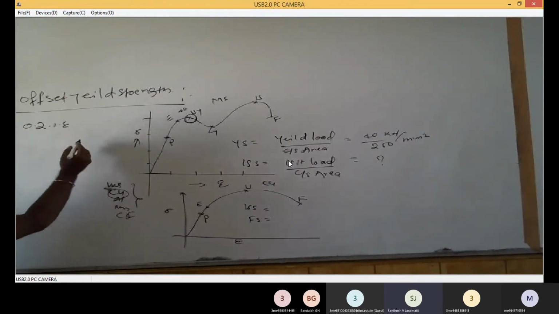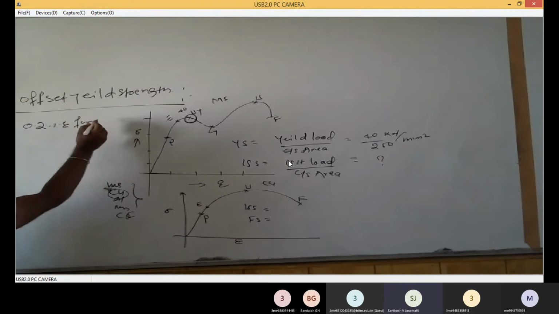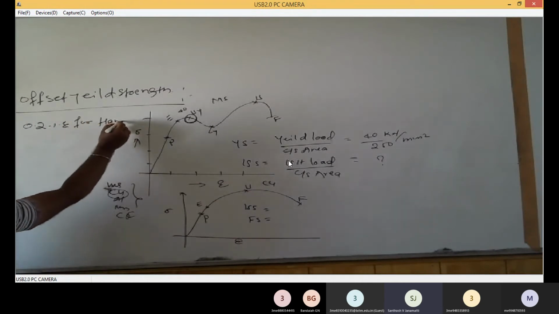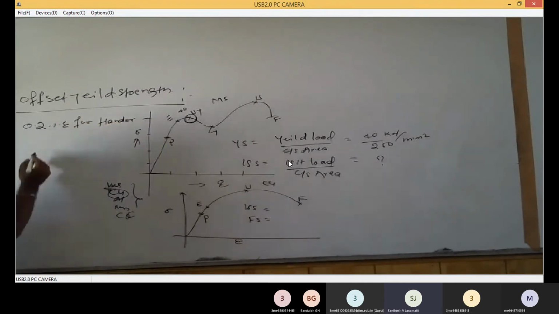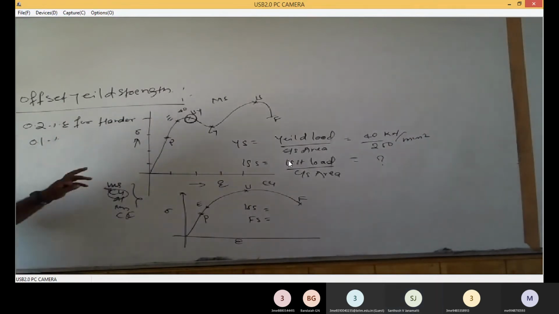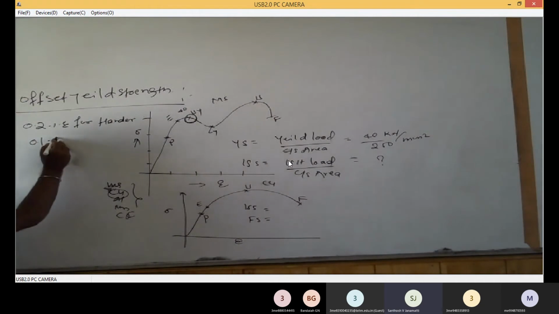If you are selecting a less hard material, then you can take 0.1 percent strain value.